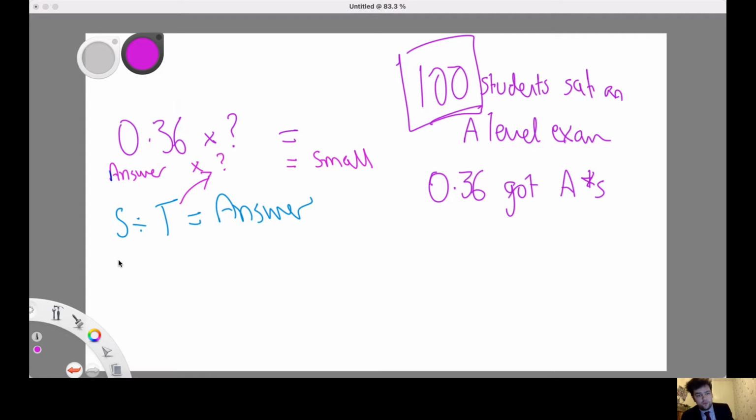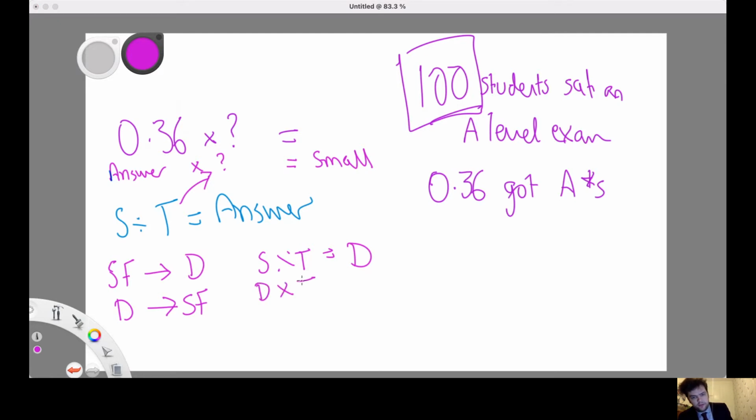So if you want to go from standard form to decimal, it's the individual condition, the smaller number, divided by your total that gives you your decimal. If we want to go from decimal to standard form, we just reverse it. Your decimal multiplied by your total gives you the smaller number that we wanted.